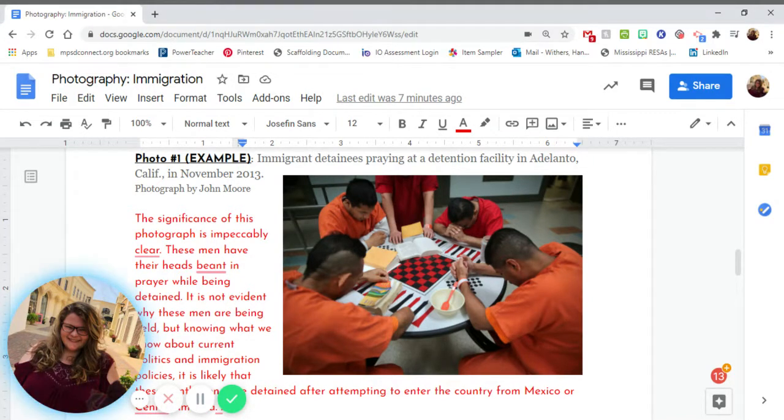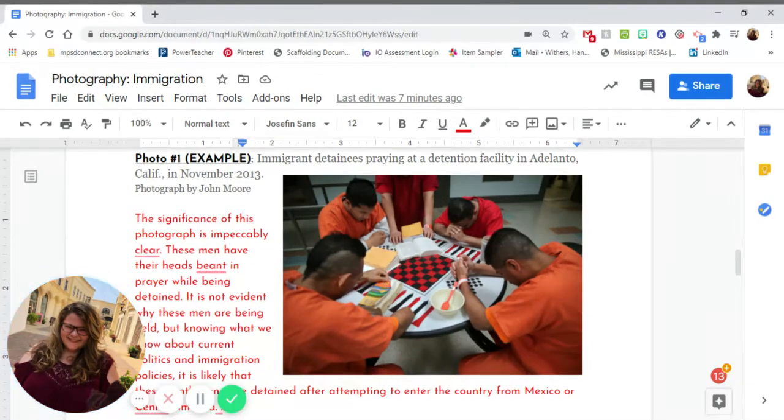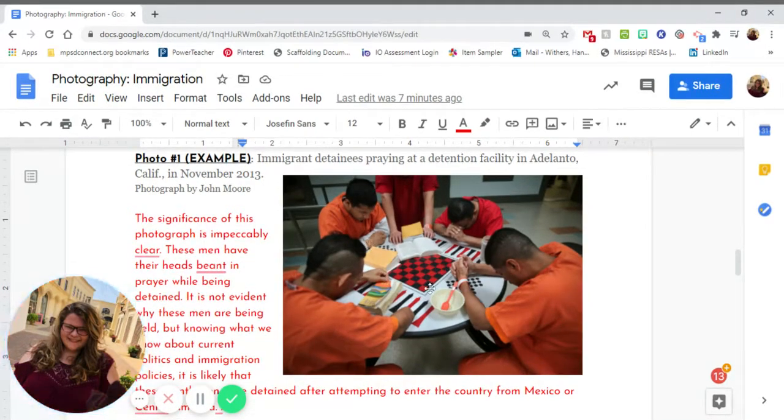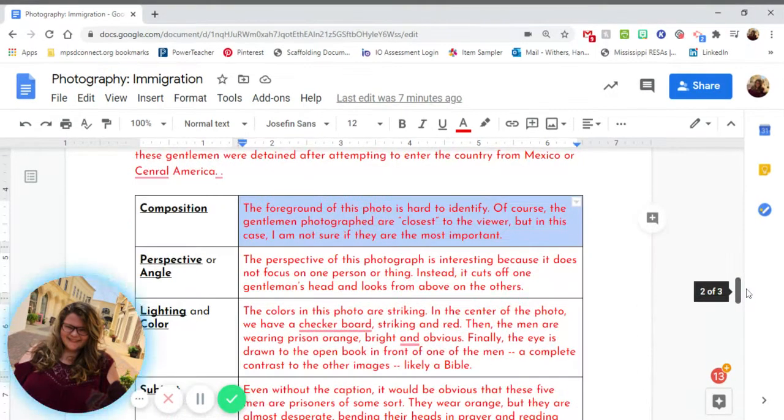I don't know if that's supposed to signify that a heavenly person, a person above them, is taking the picture. That's worth some debate, of why the photographer chose to do that. Maybe they were just trying to get everybody in the frame. So that's definitely something to think about.